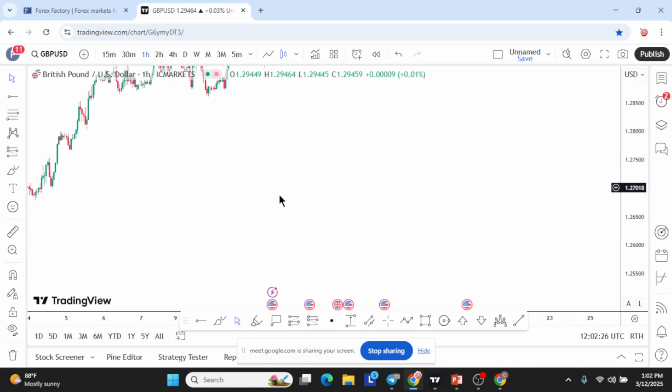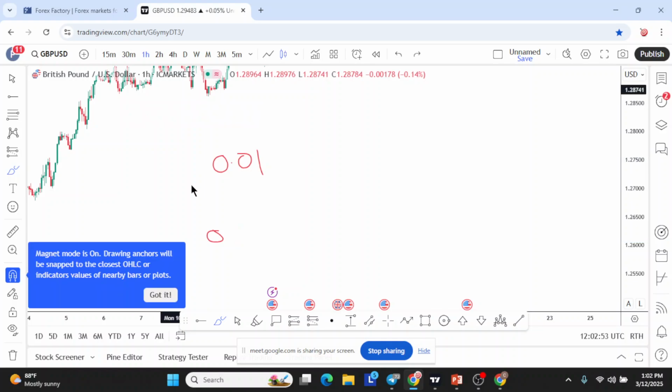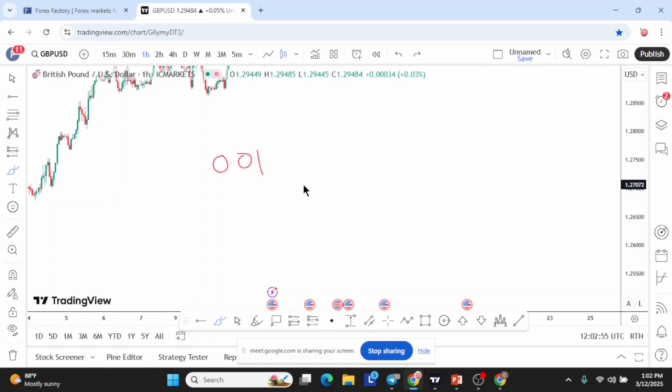So let's start with the micro. We have 0.01. This is the lowest. And if you look at this, the mini also starts from 0, but after the decimal point the mini starts with 1, but here the micro is starting with 0, which means that for you to be able to identify the micro lot size, after the decimal point we are going to have 0 before we have any particular number.